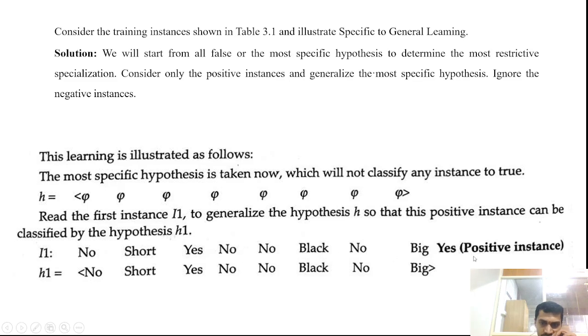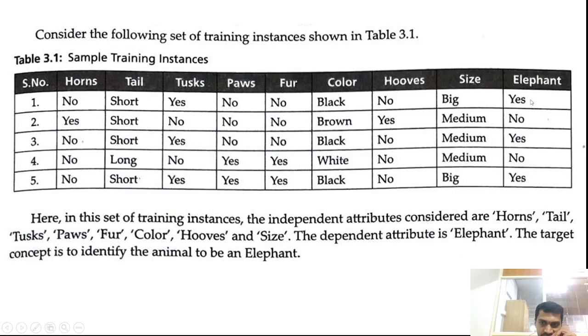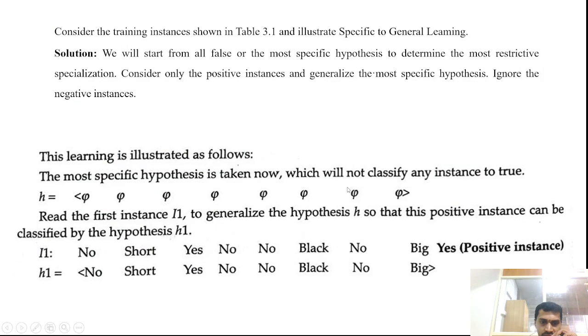That is a positive instance because it is classified as elephant, yes. So my first hypothesis, the specific hypothesis of phi, is now replaced with no short, yes, no black, no big.